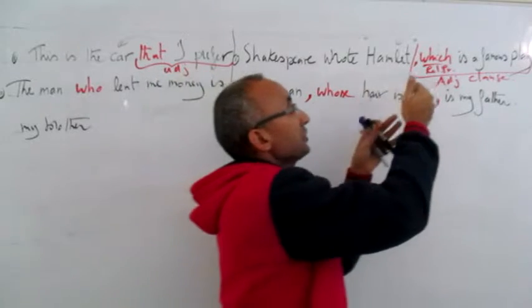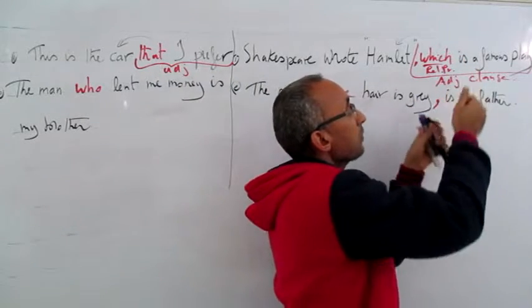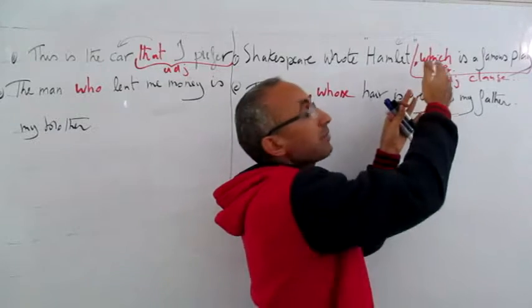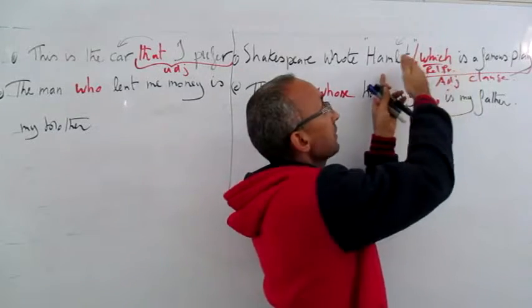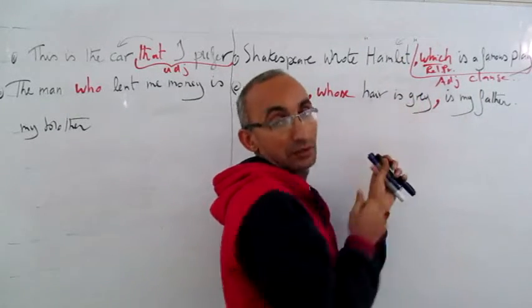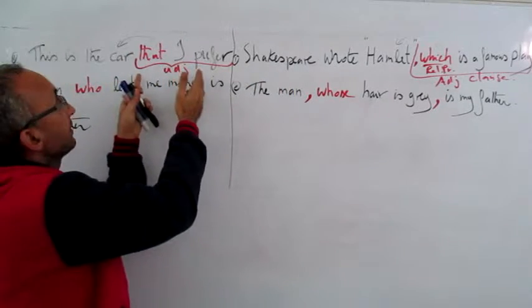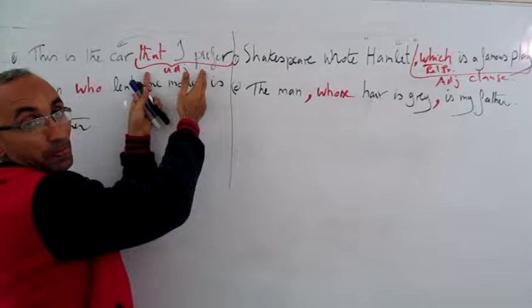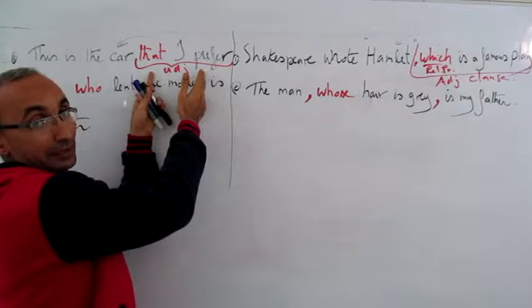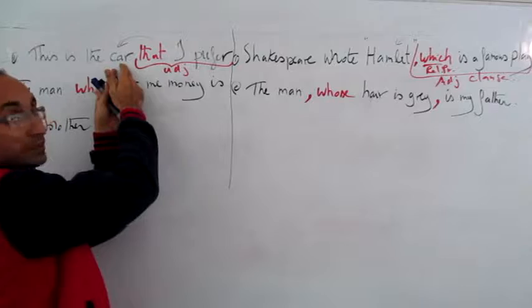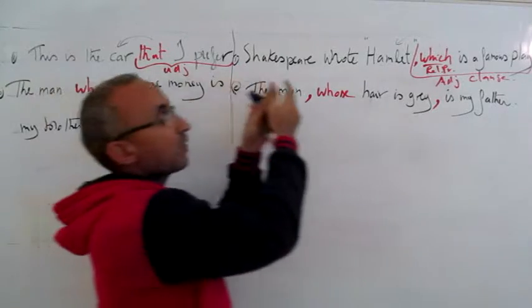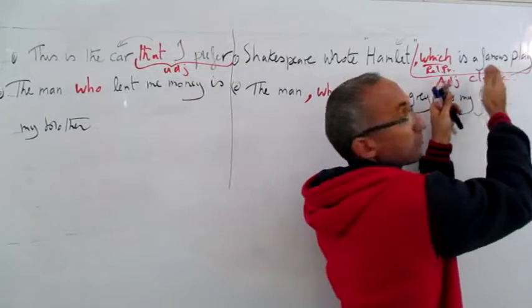Which is a famous play is only some extra information about Hamlet, something additional. Clear? So in the first example we have essential information to describe and modify the noun we speak about, and here we have only extra information.